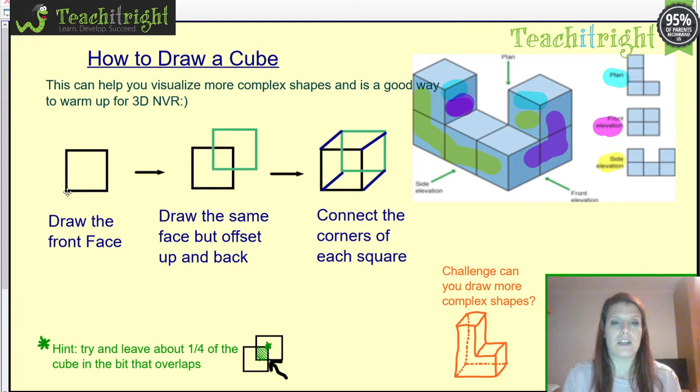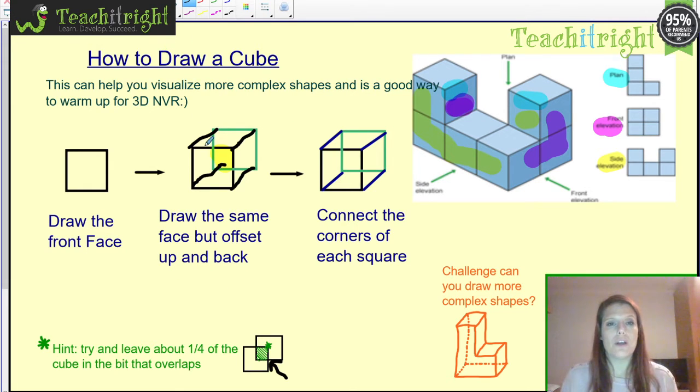You'll be doing that second cube, that's the second face, that's the green one there, about 1/4 of the way. As you can see, it just takes up about 1/4 of the space in the overlap. Then all you need to do is connect those 2 faces together, point to point, as you can see in the next image. And that creates a cube shape. Obviously, you'll be using a ruler and it'll be nice and neat.